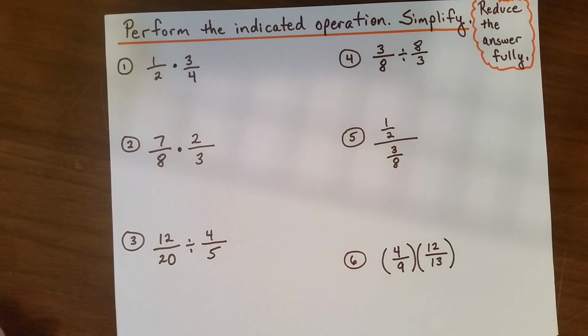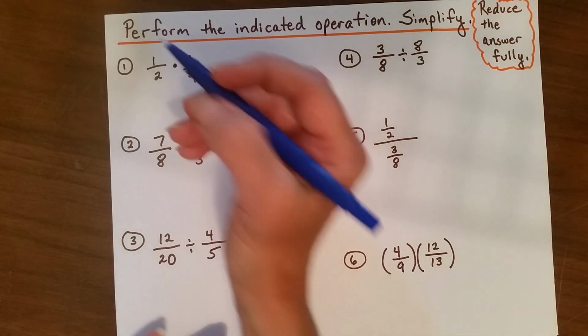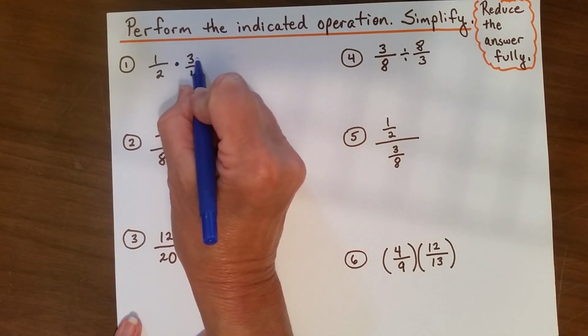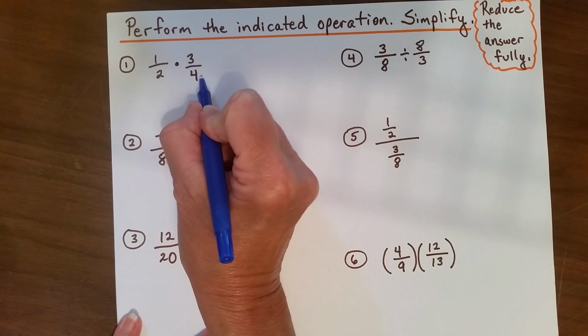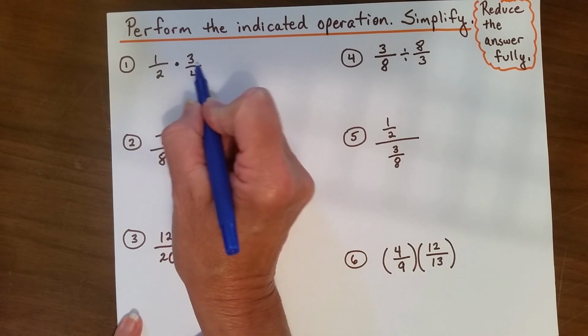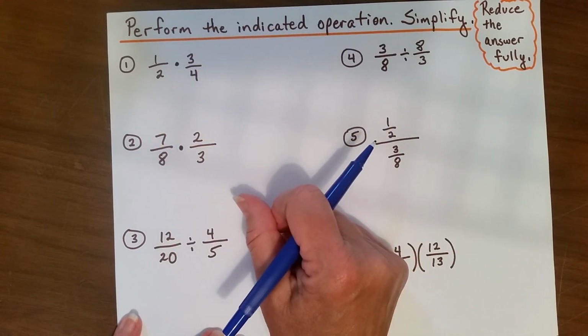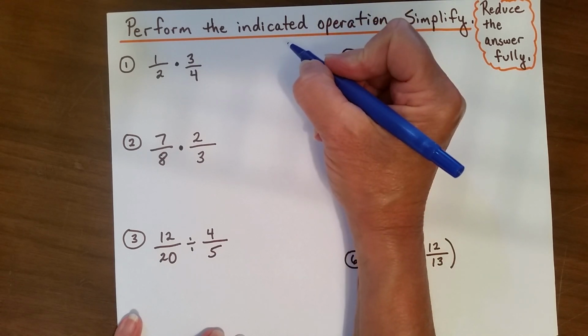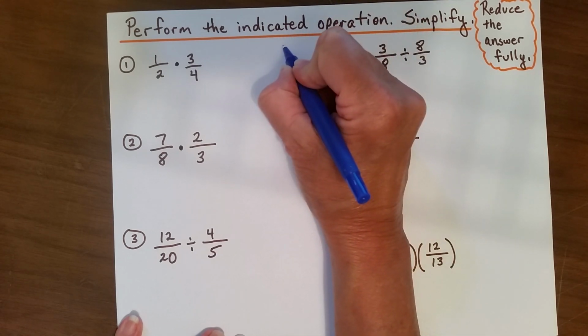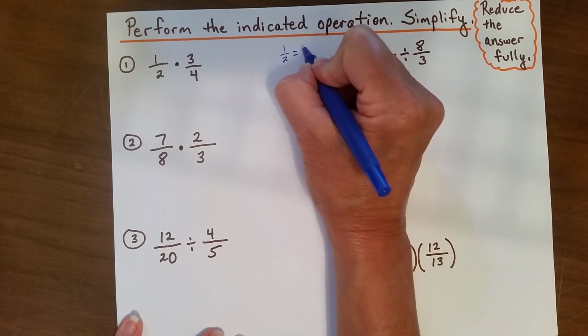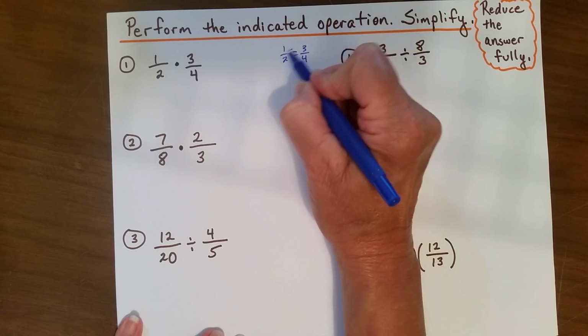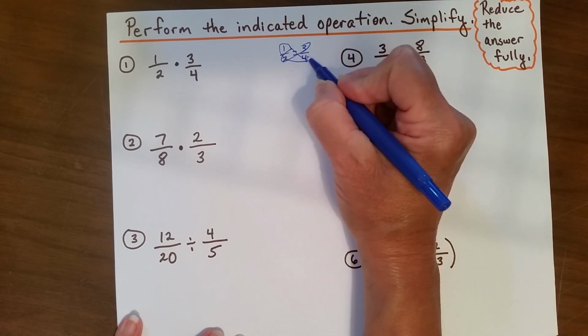And so the first one indicates times. So I'm going to take 1/2 times 3/4. Well, to do that, what you do is you multiply the numerators and multiply the denominators, okay? You don't do cross products because there's no equal sign. If you're thinking of something like 1/2 equals 3/4, and you've seen something like this, that's cross products.